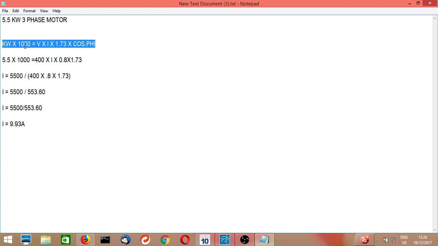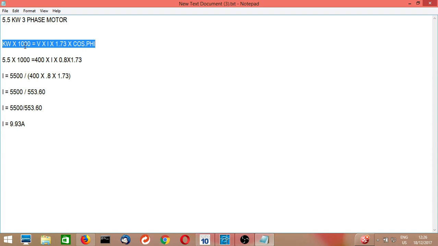This 1000 is used to convert kilowatt into watts, because for getting the current in ampere in ISI standard, all units of measurement should be in ISI form. The ISI unit of power is watt. So we have to convert 5.5 kilowatt into watt, that is 5.5 kilowatt into 1000.